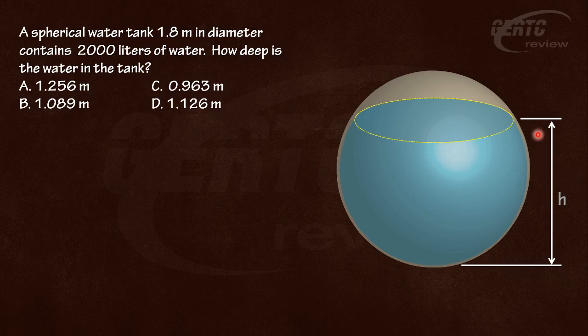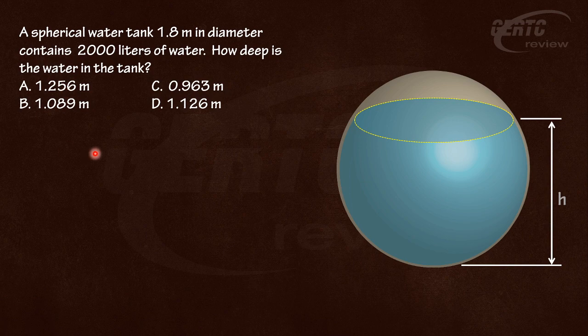How deep is the water in the tank? The diameter is 1.8, so the radius is 0.9, and the volume of water in the tank is 2,000 liters or 2 cubic meters. Okay, so let's start.